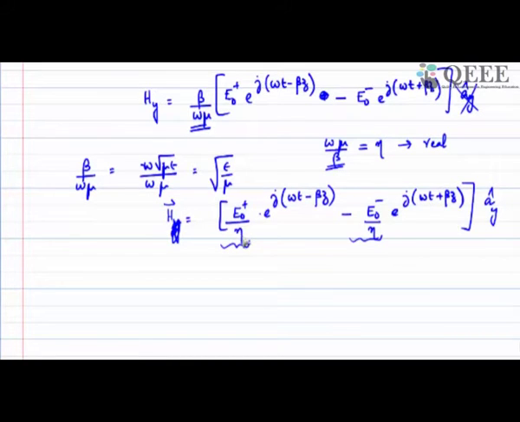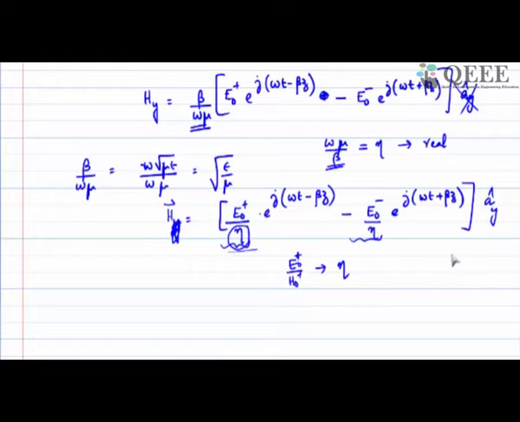Not surprising, but what is interesting to see is that it is different from the E field only through this ratio eta, which gets called the E by H ratio. E by H ratio is called eta. So this is the E naught plus ratio by H naught plus, if I can call this for the forward propagating wave.